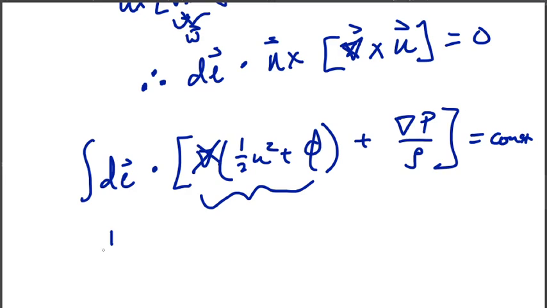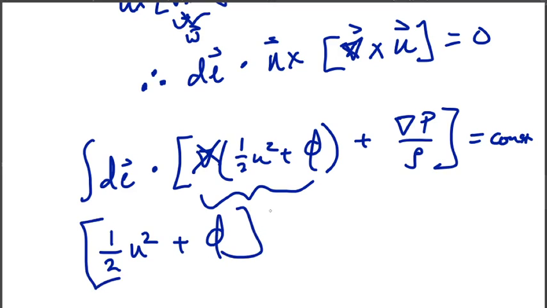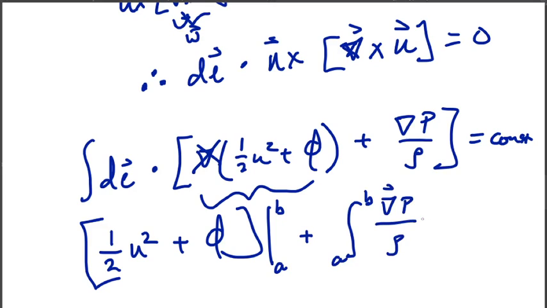And so we end up with 1/2 u squared plus phi, quantity evaluated along our path, say A to B. And then we have our path integral from A to B of our gradient of pressure over rho dotted with dl. And all of this is equal to our constant.